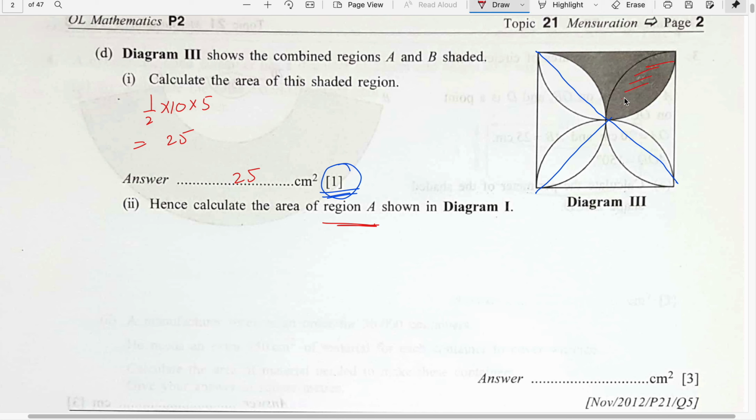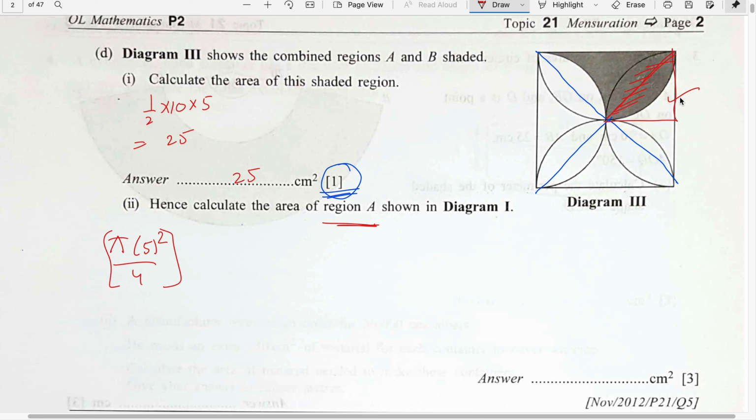But for this part, if I say that this complete shape is a quadrant, which is pi r square by 4, now I have to eliminate this white part from this. This complete is a quadrant.